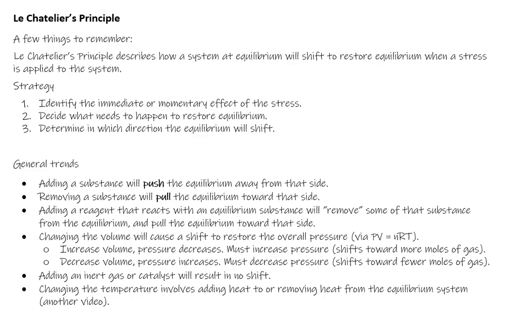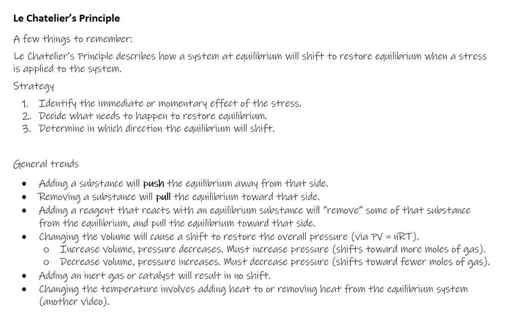Changing the volume will cause the equilibrium to shift to whichever side will restore the overall pressure. When you encounter volume changes, first identify what happens to the pressure. For example, if the volume increases, then the overall pressure decreases, as described by PV equals nRT.